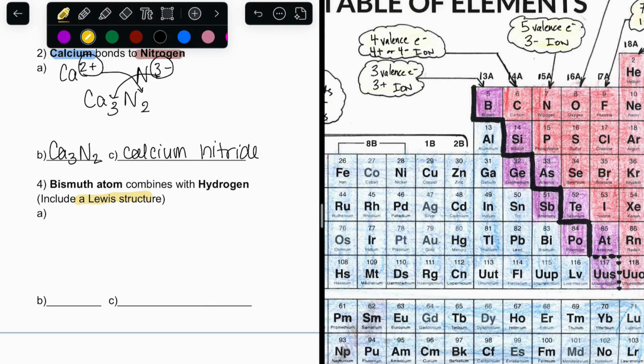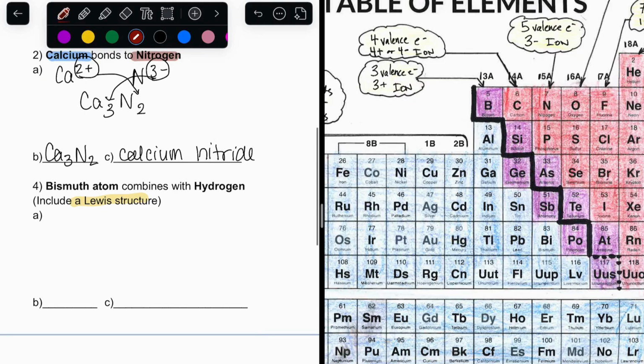So let me draw that one out. I have Bi, and then 1, 2, 3, 4, 5. And then I have hydrogen, which has 1 valence electron. So bismuth has 5, it wants 3 more.